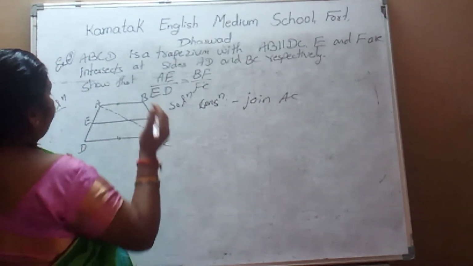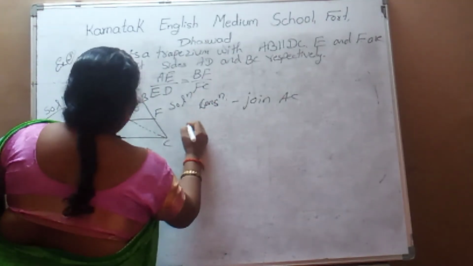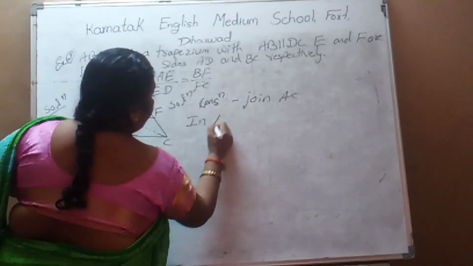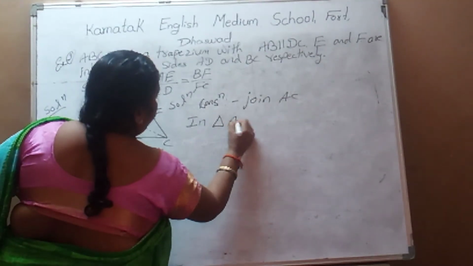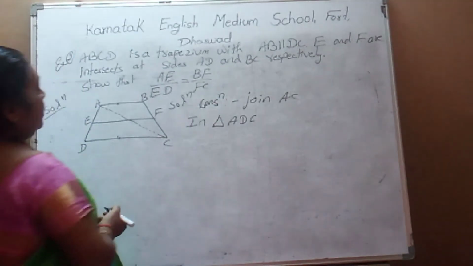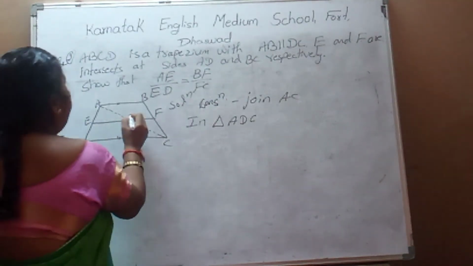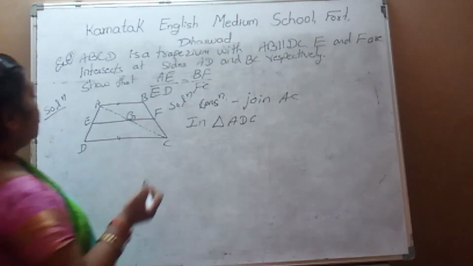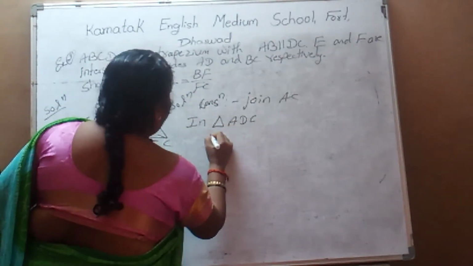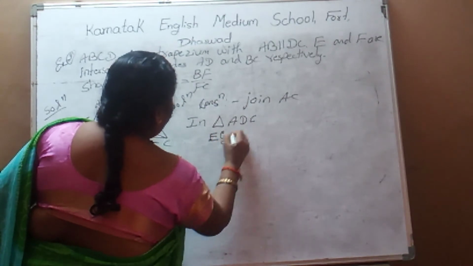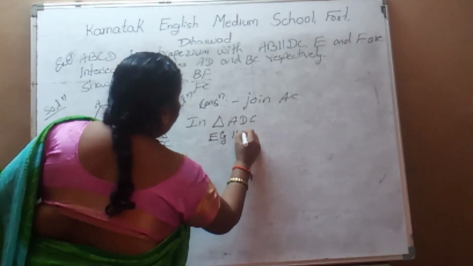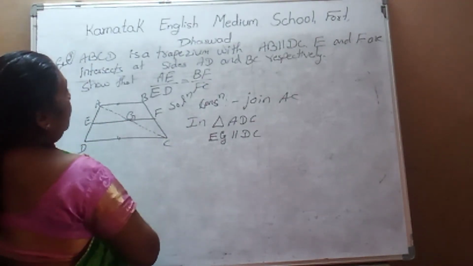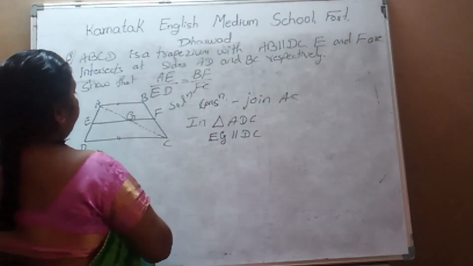So, observe here, in triangle ADC, EF intersects AC at G. So, EG parallel to DC, and AG parallel to DC.